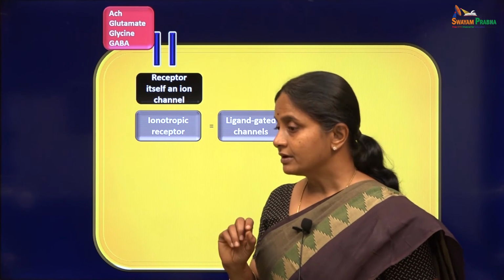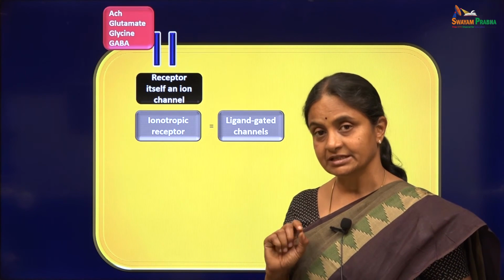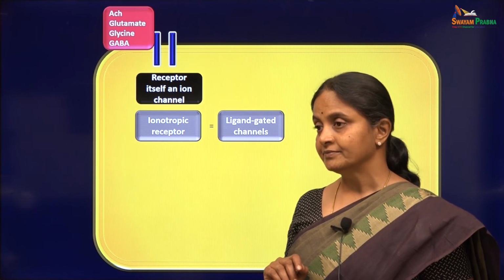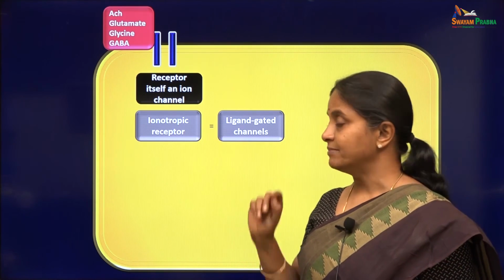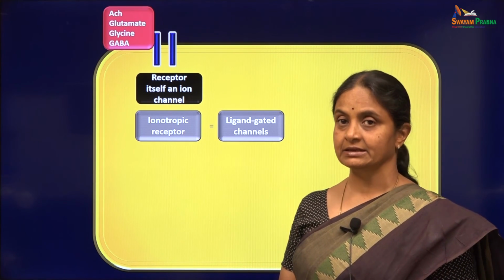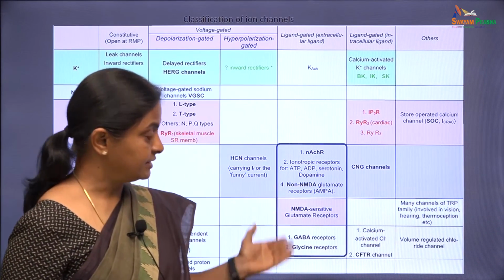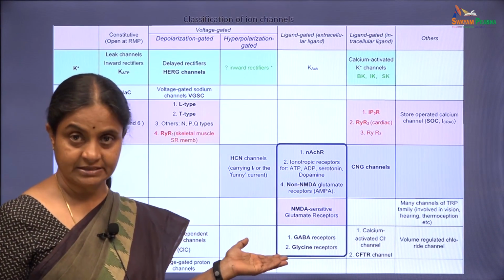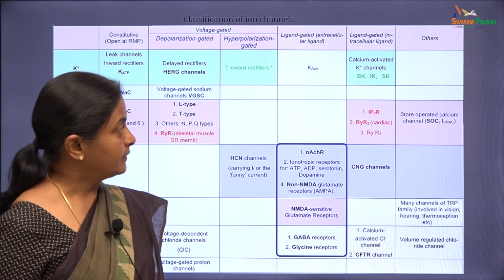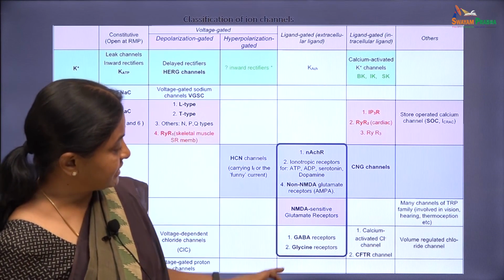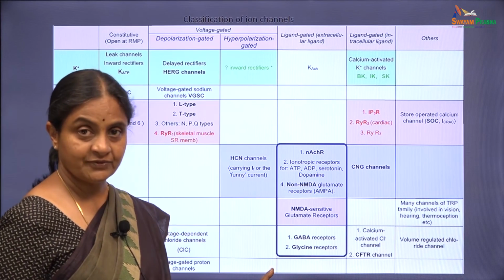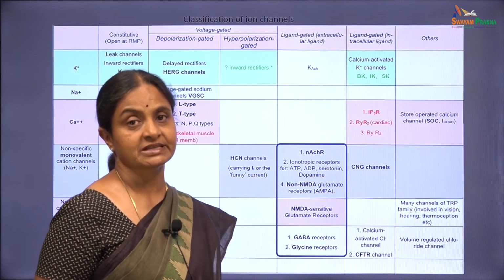We have considered ionotropic receptors in a different context earlier. Dr. Vinay Oman called them ligand-gated channels. They are found here in the table that Vinay has shown you earlier. Of all these channels, these are the ones that we are referring to as ionotropic receptors.